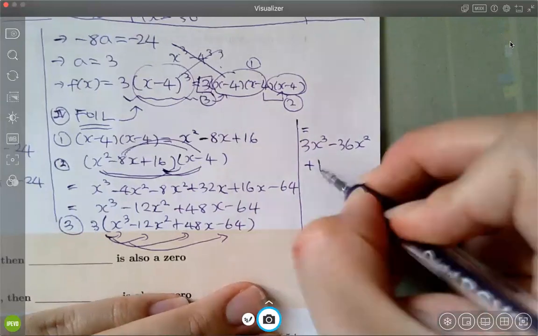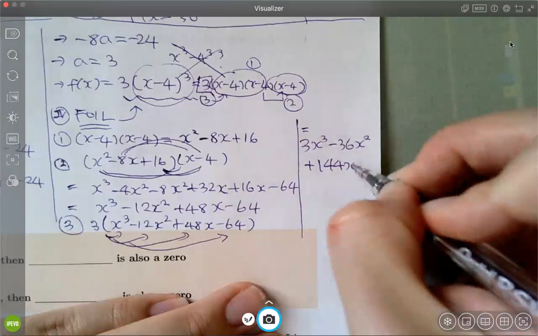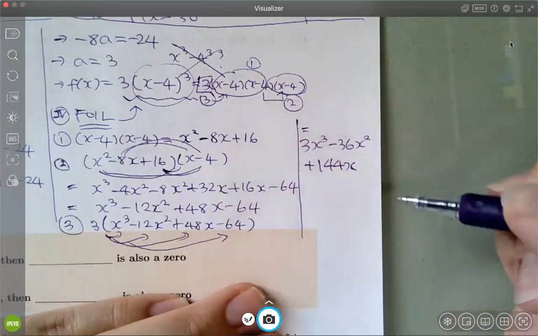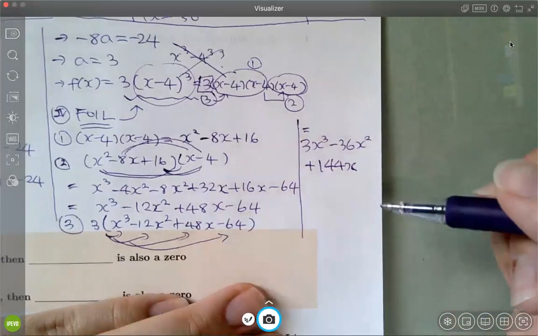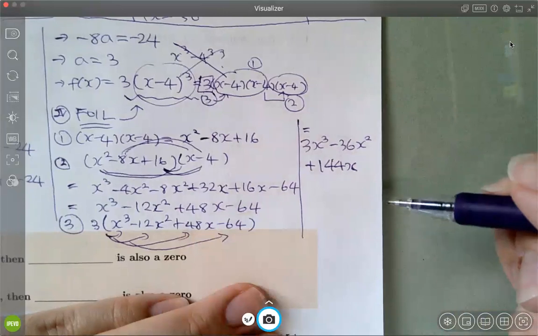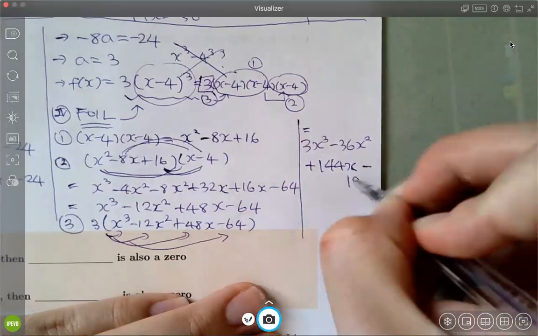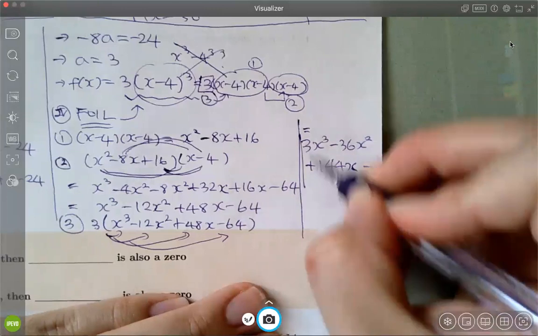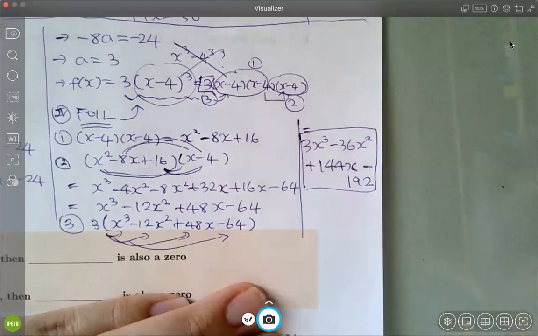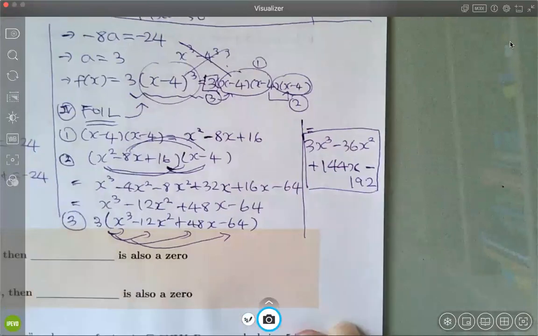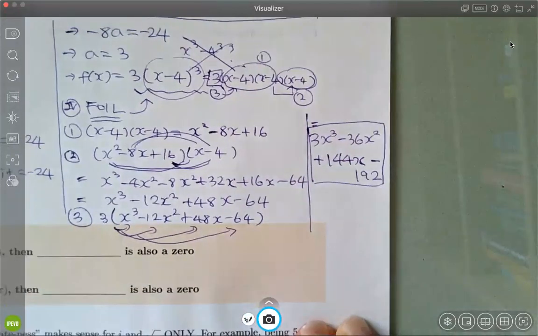So 144x. And then 3 times 64. So that's what? 192, minus 192. Okay, so that is the answer. Any questions over this problem number 7?